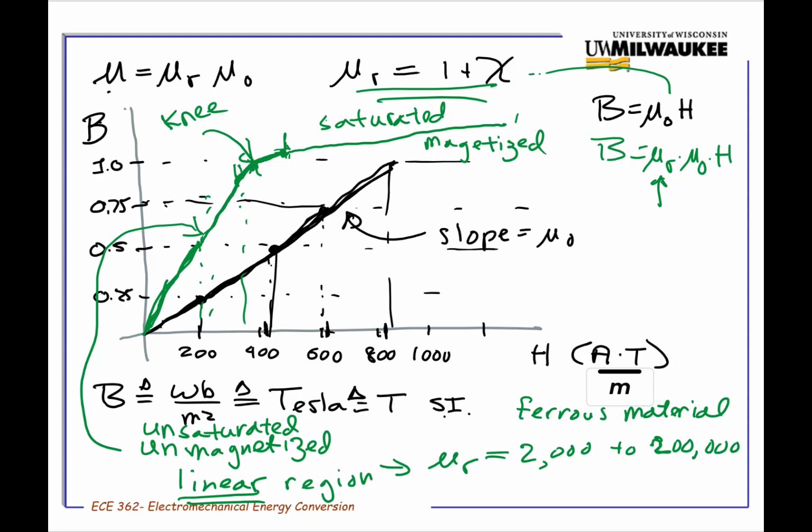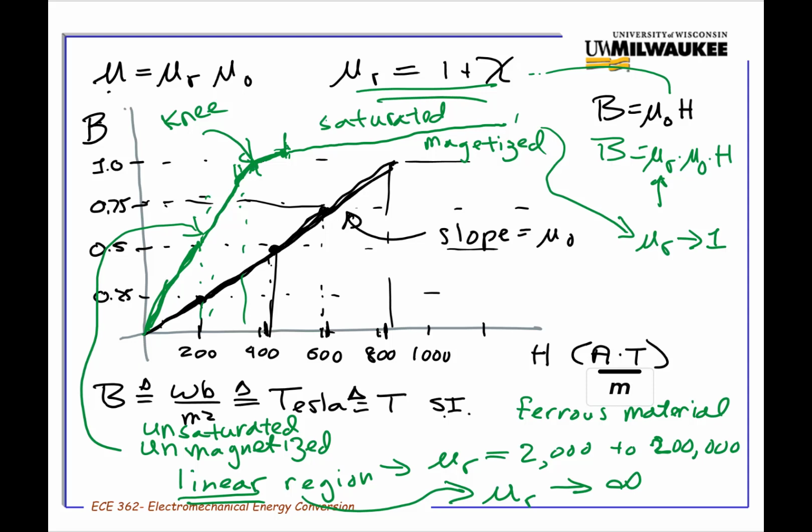So if I'm unsaturated, I'm linear, and typically we think about us in this region in relative senses. The mu r approaches infinity. It's a very, very big number. But as we get up here into this saturated region, the mu r starts to approach unity. You could say, well, I could put so much current into this that it just looks like I have air again.